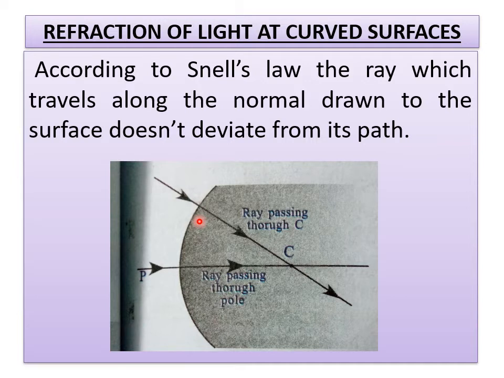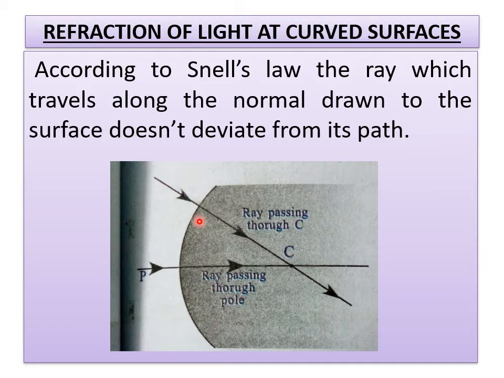Unlike what we have discussed for the plane surfaces: whenever a light ray enters from rarer to denser medium, when angle i is 0, angle r is also 0. Angle i being 0 means incident normally. Here, incident normally means passing through the principal axis. The other one is passing through the center of curvature.